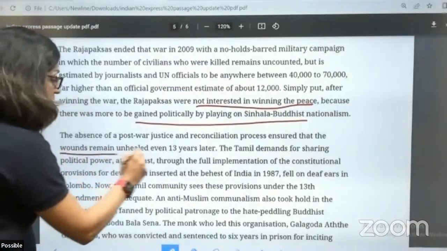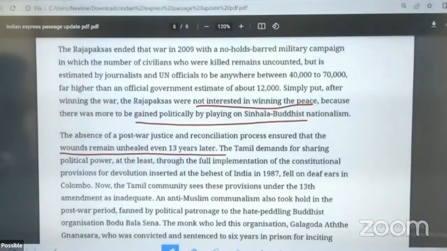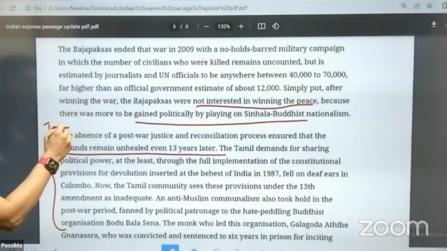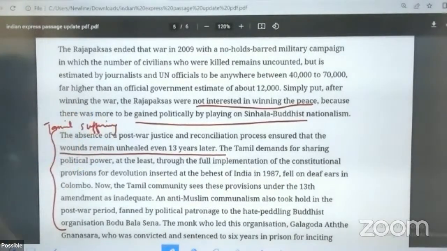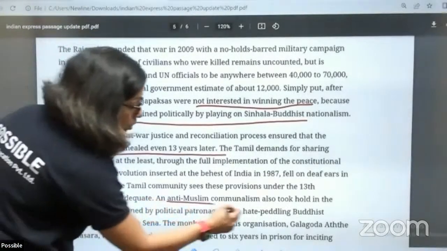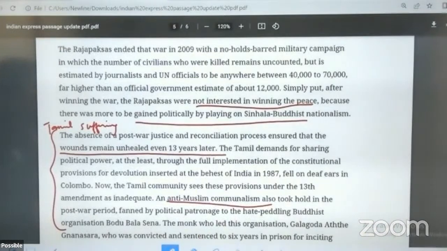And hence, the minority, even after 13 years, feels that they were cheated. So here we talk about the Tamil suffering. So again, after the important paragraph, we come to history, we come to Tamil suffering.